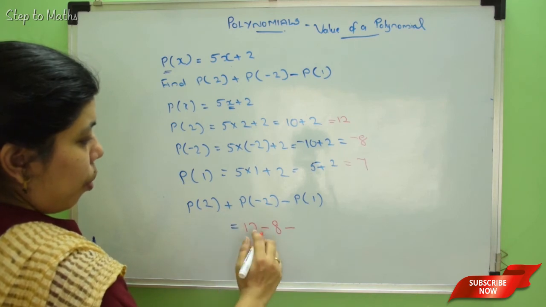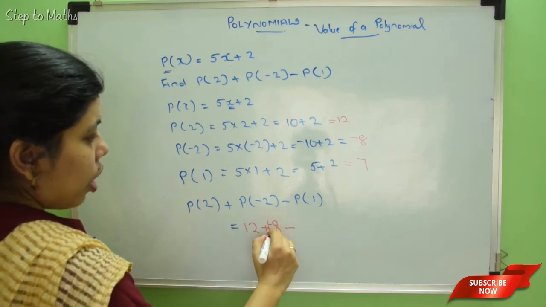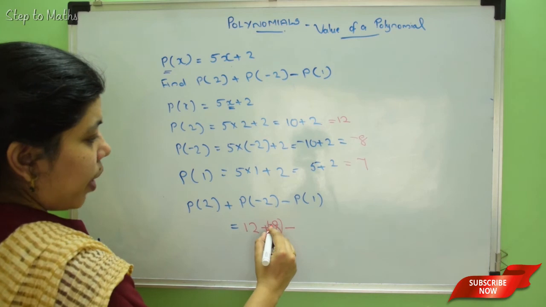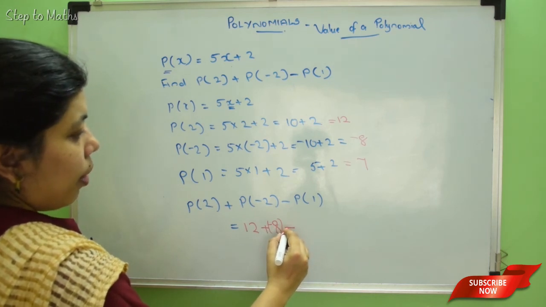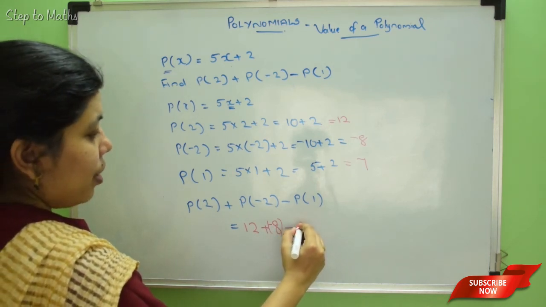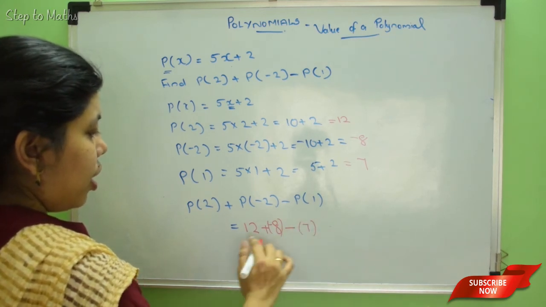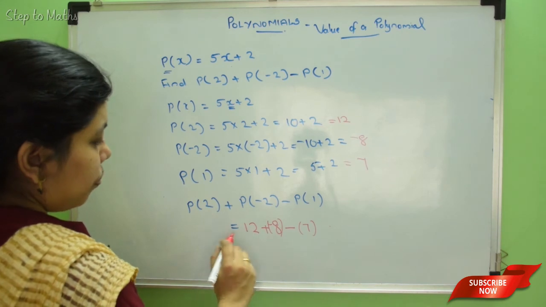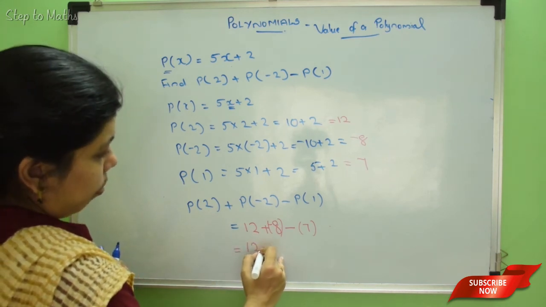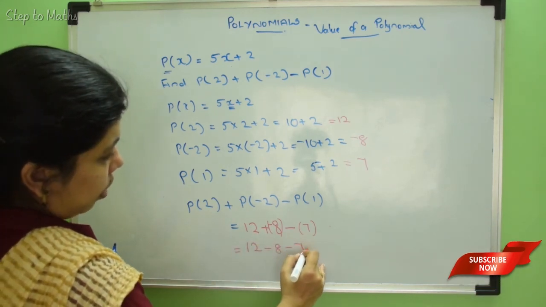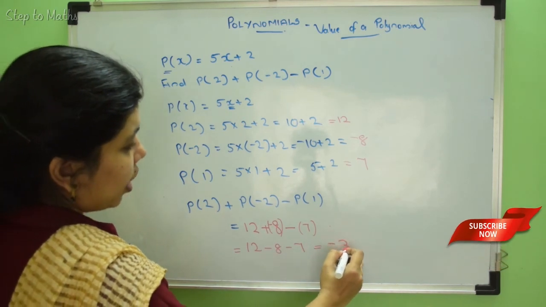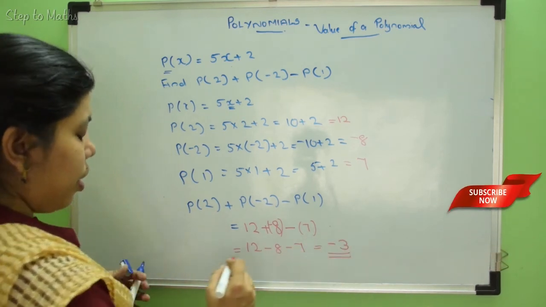So p of 2 plus p of minus 2 minus p of 1 is 12 minus 8 minus 7, equal to minus 3.